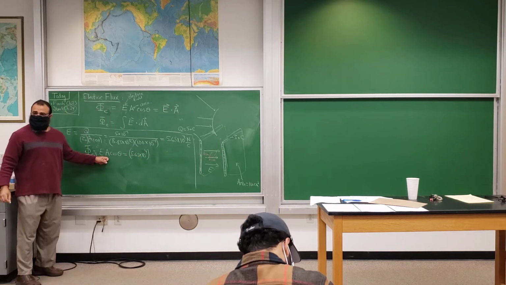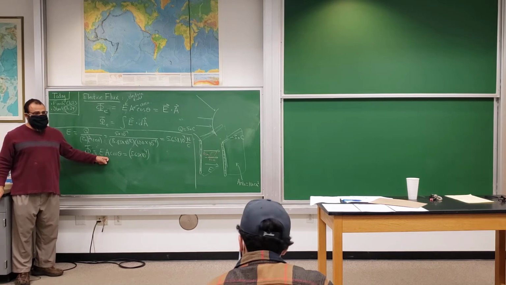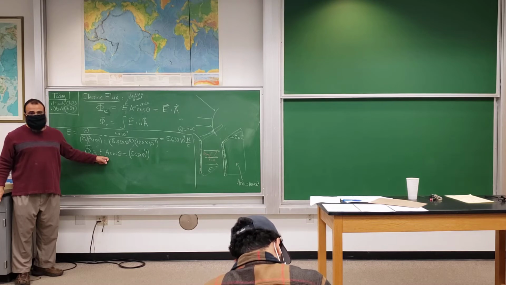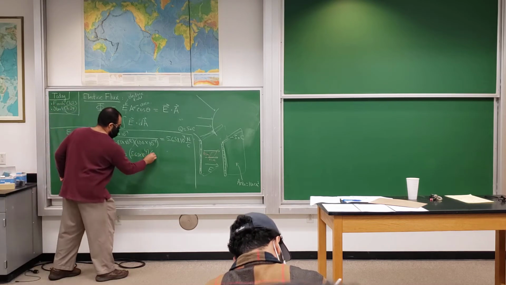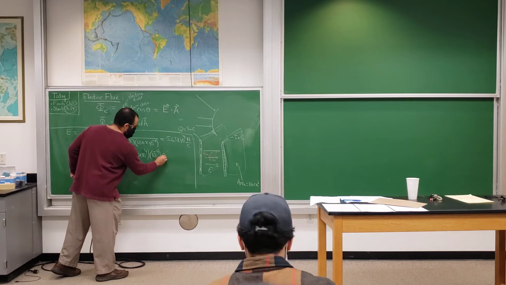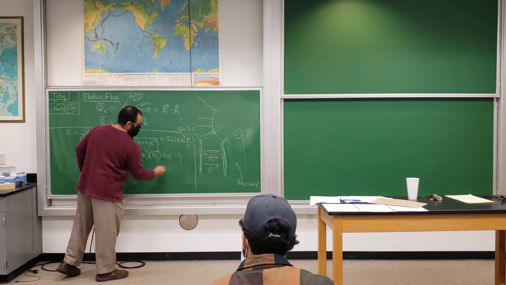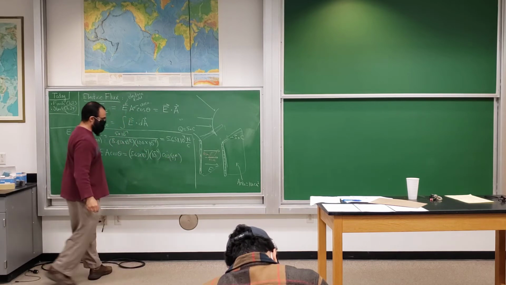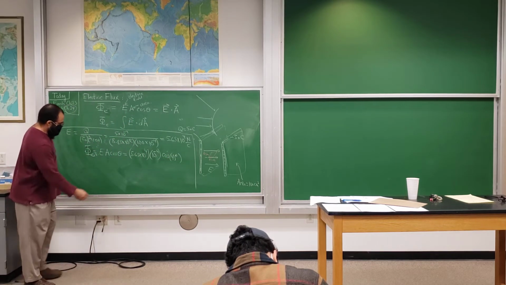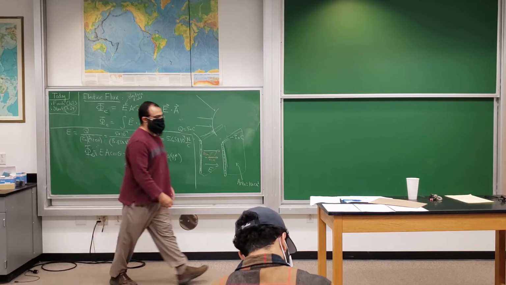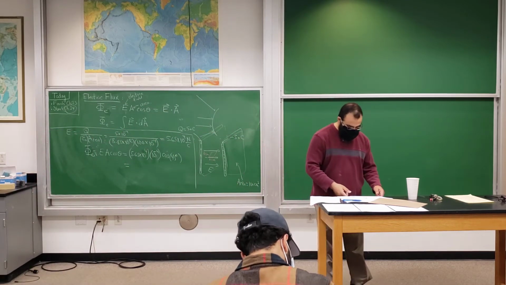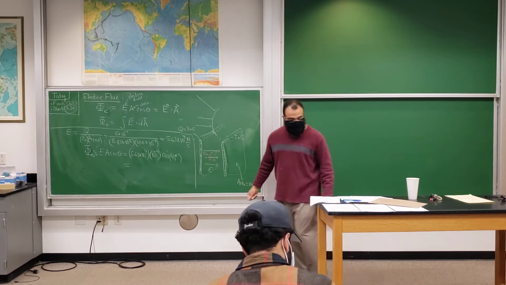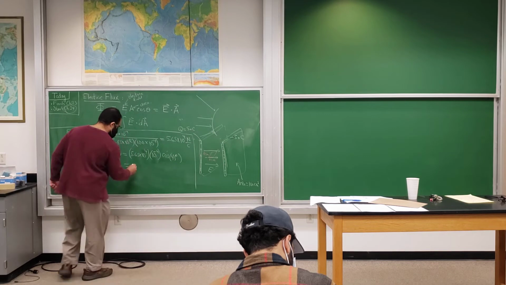The area is 1 square centimeter. 1 square centimeter is 10 to the minus 4 meters squared, so 10 to the minus 4, and we said the angle is 45. So that's calculated. It turns out to be about 4. So just 4.